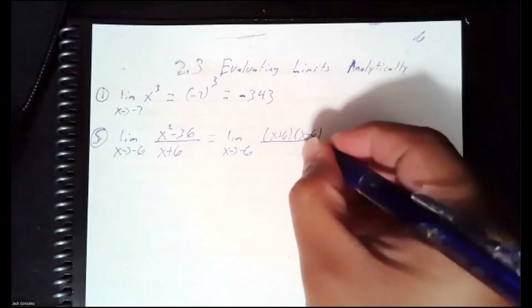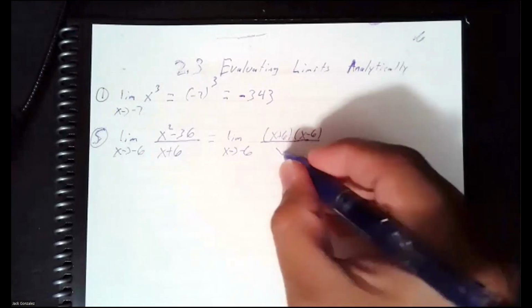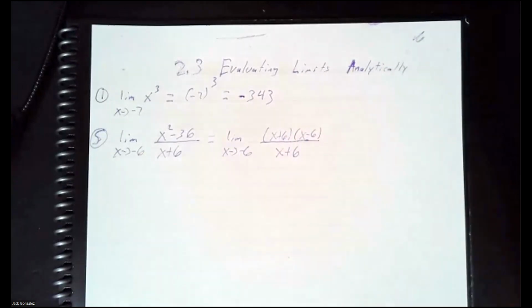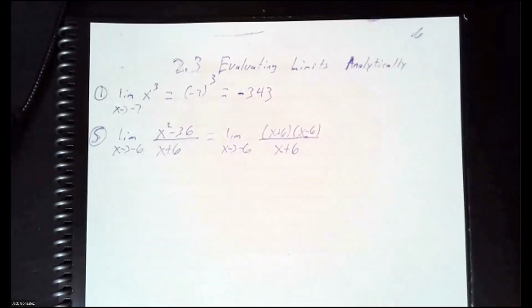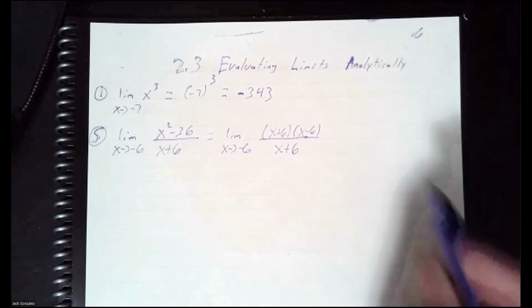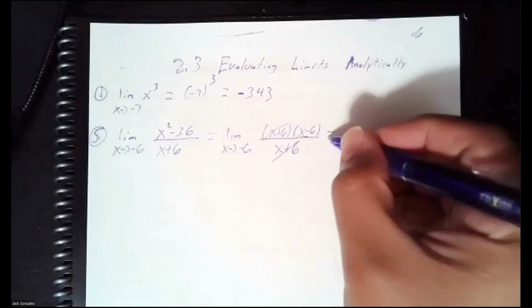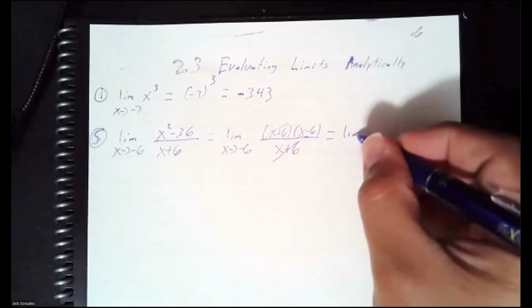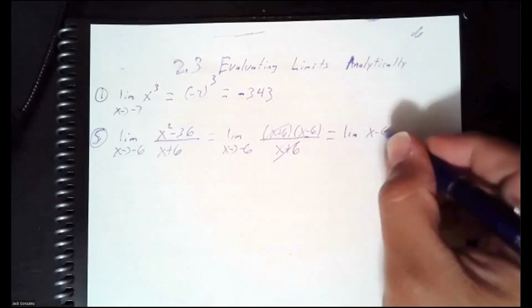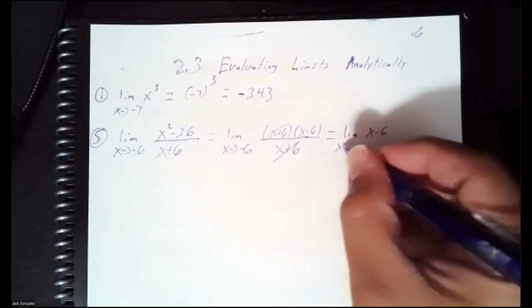Right here, this is the factorization of the top, right? It's a difference of squares. What do you notice? You can cancel out the x plus 6 and x plus 6. So now that it's canceled, we can take the limit of x minus 6, right? What is it going to be?